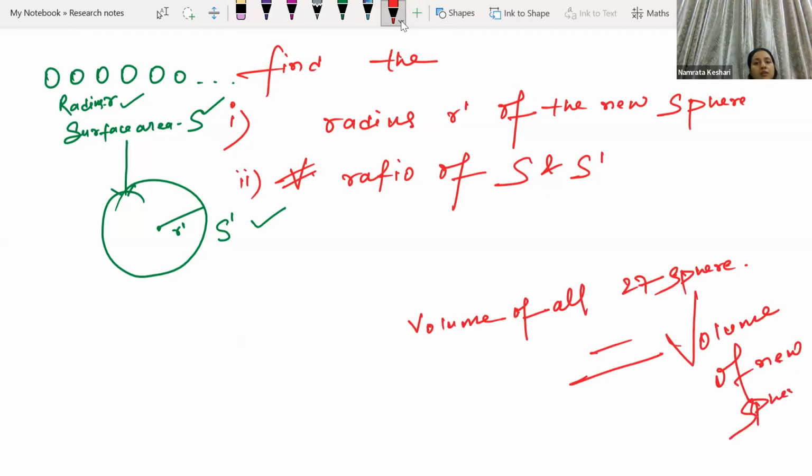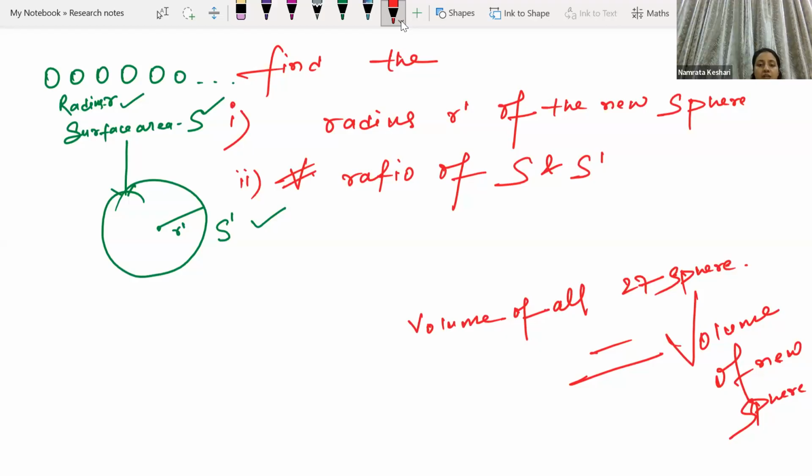Getting it? We will not be comparing the surface area, but we can compare the volume like this. The volume of all of them added together will be equal to the volume of the big new sphere.